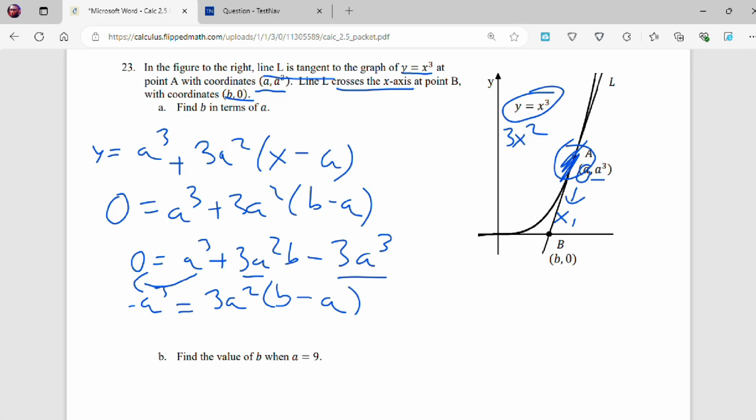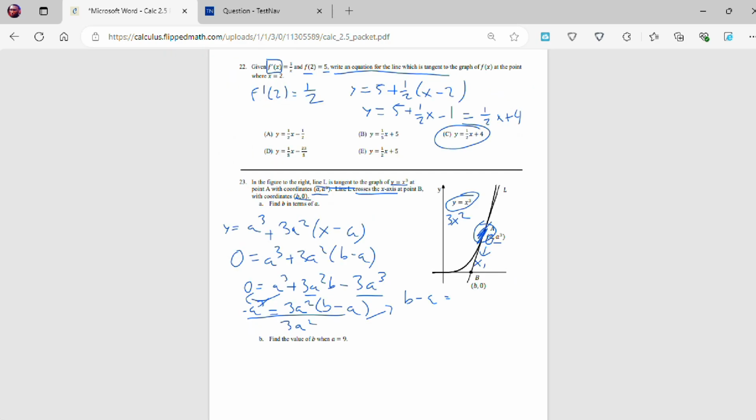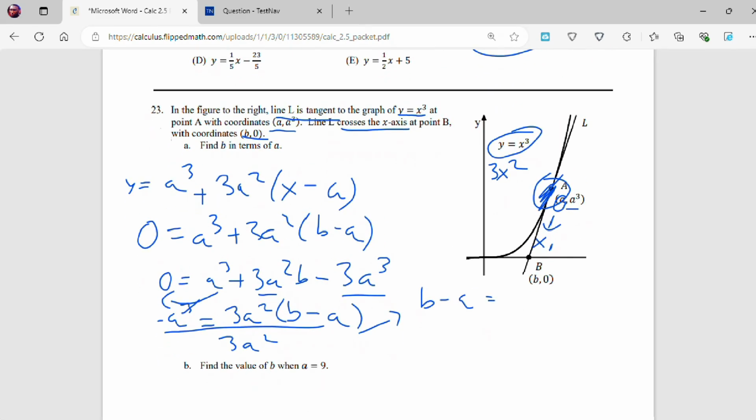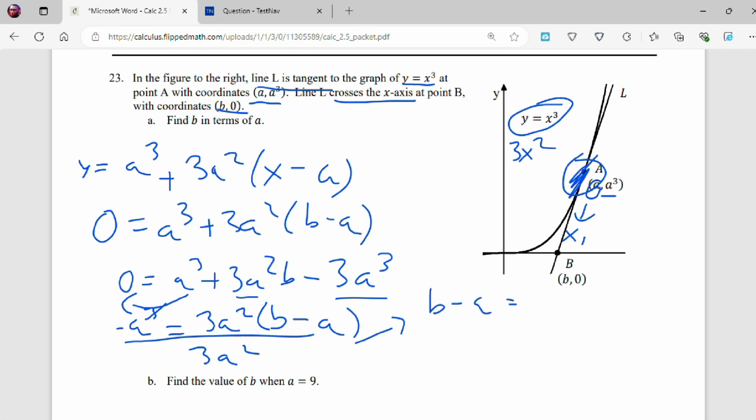Now we divide both sides by 3a squared. So b minus a equals, that 3 becomes a 1, and this gets canceled out completely, so you get negative a over 3.